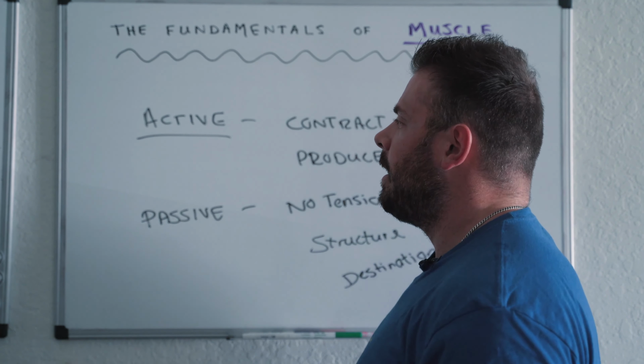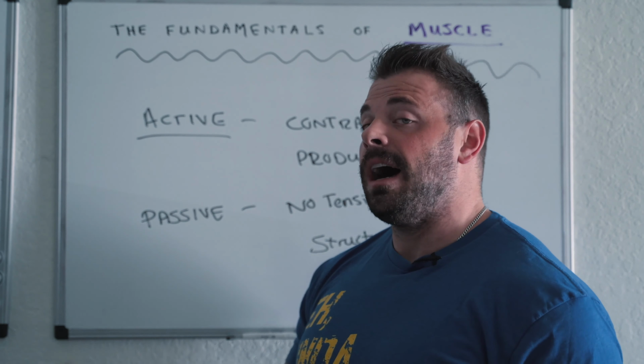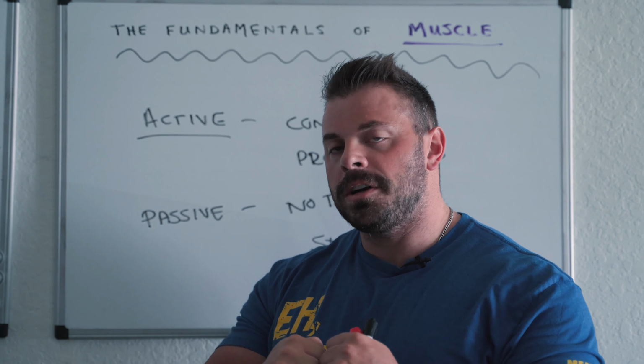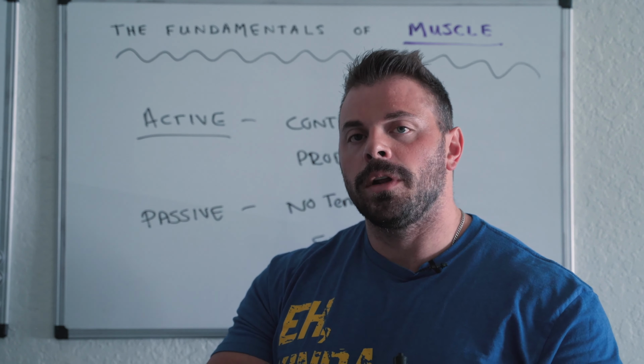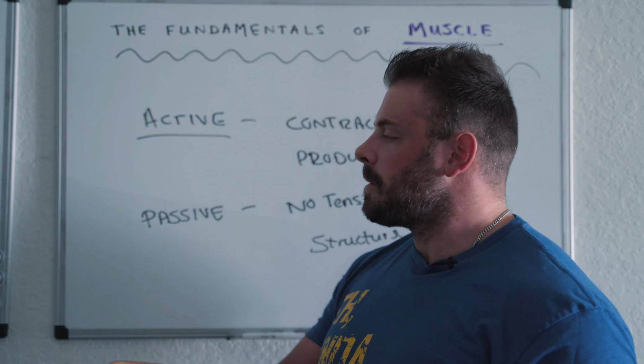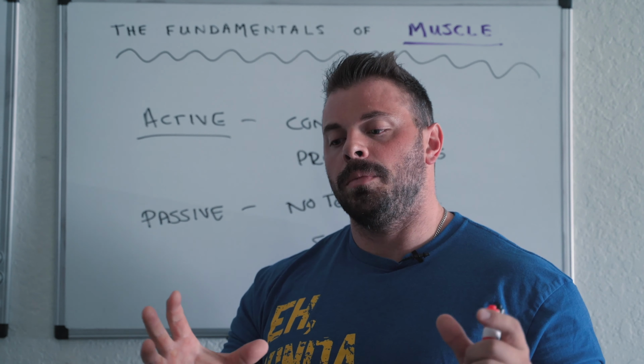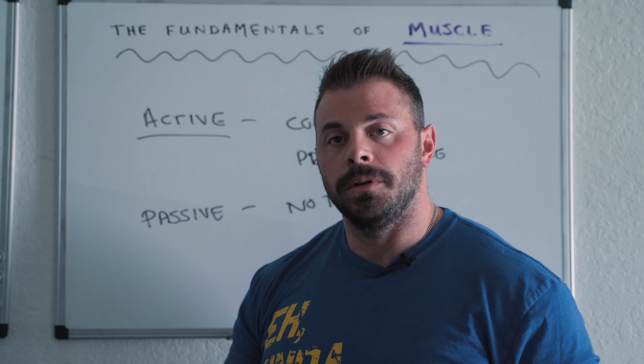So what you're going to find is, if you're a person that is not very flexible, the better you are at producing force within a muscle, and the more that you exercise that in the extremes, the more flexibility you'll get, because those joints will start to open up and you won't be so rigid.